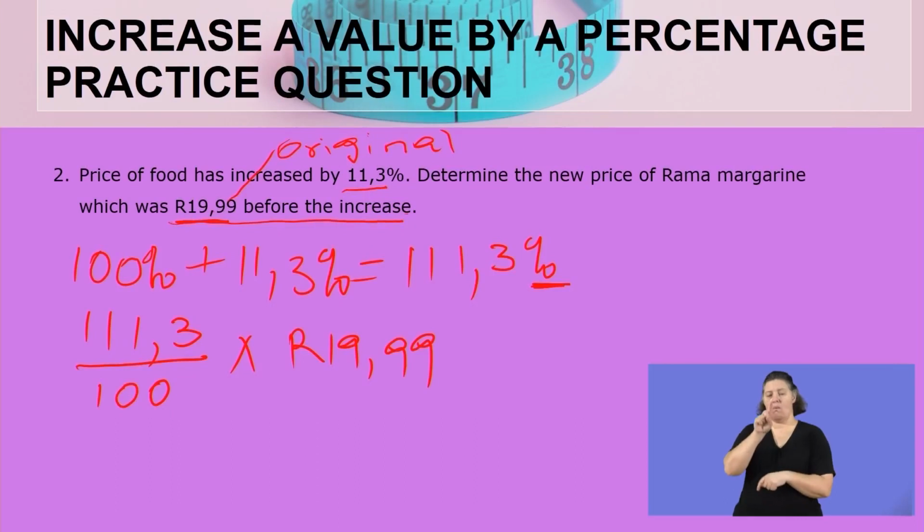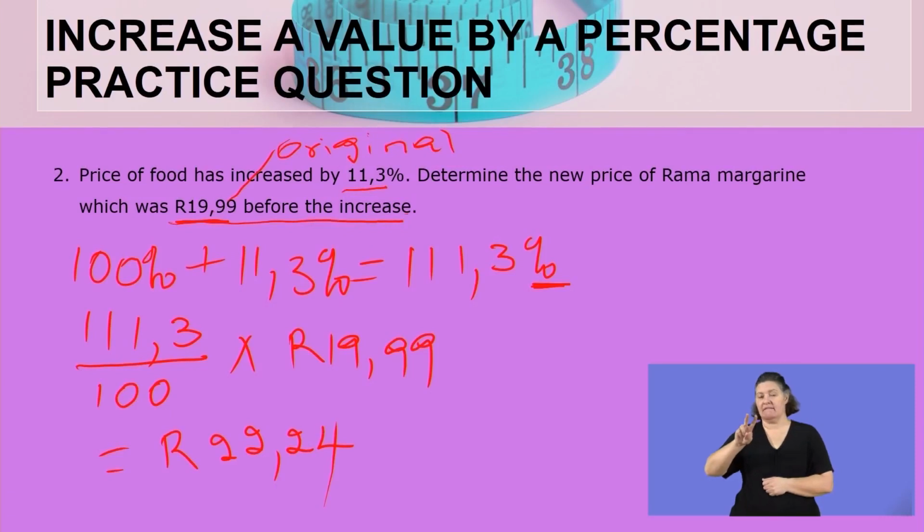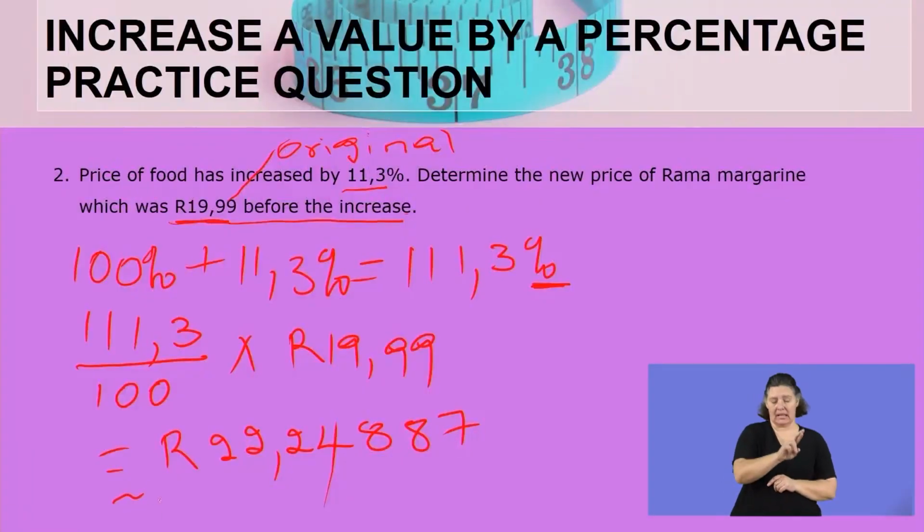We multiply this by 19.99 rand. The answer that we get is going to be 22.24887. And remember, because this is a South African currency, we need to round off to 2 decimal places. So can we round off our price to 2 decimal places? Then this will be 22 rand.